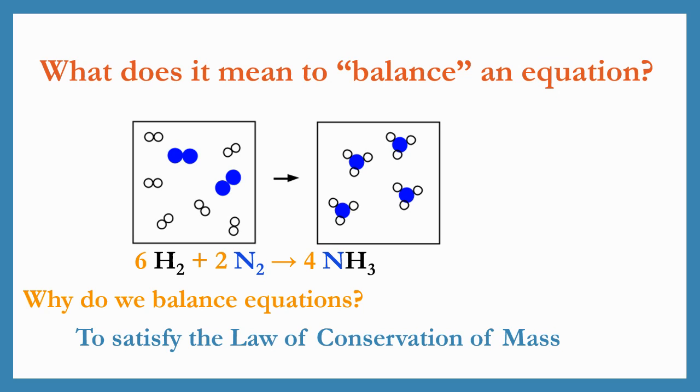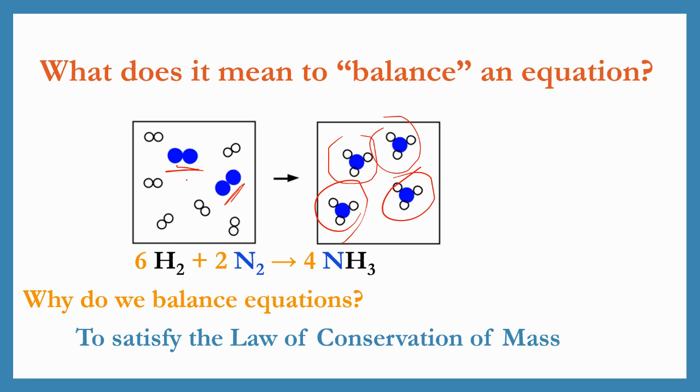What does it mean to balance an equation? Well, if you have atoms or molecules that react and collide with each other, if there are four blue atoms on this side, we have to have four blue atoms on this side as well. You couldn't have five over here and end up with four.